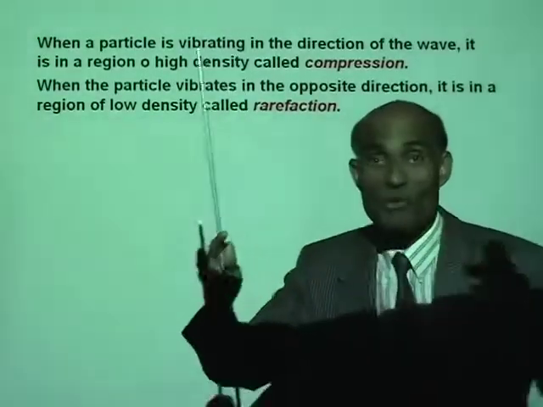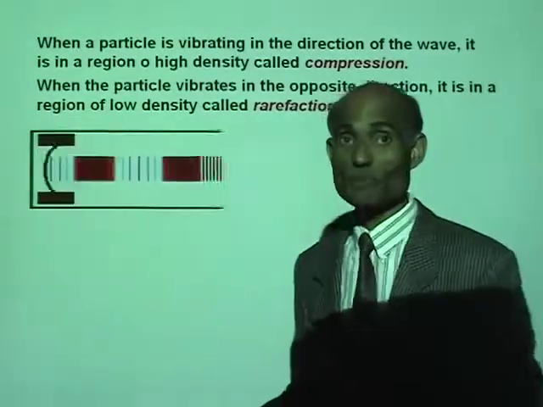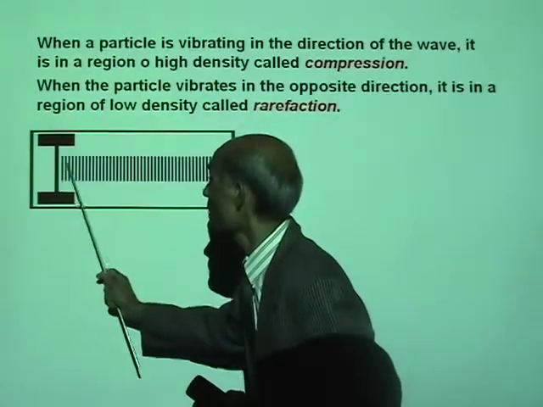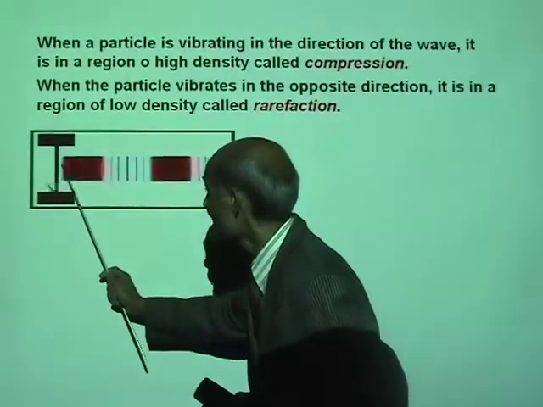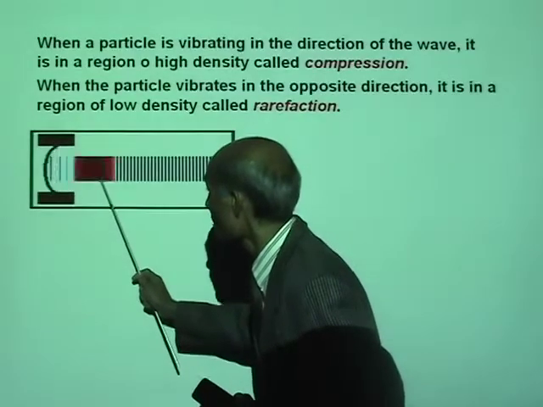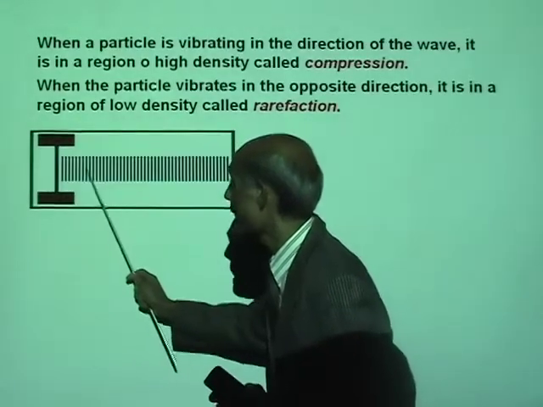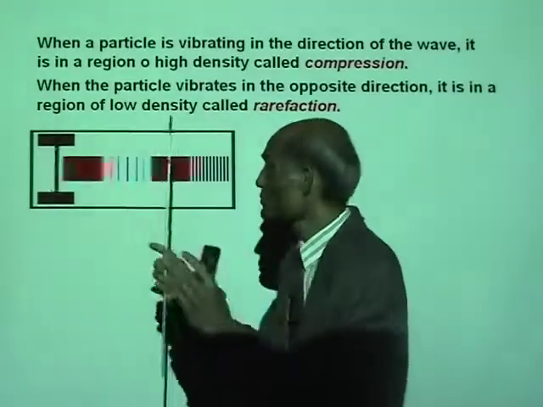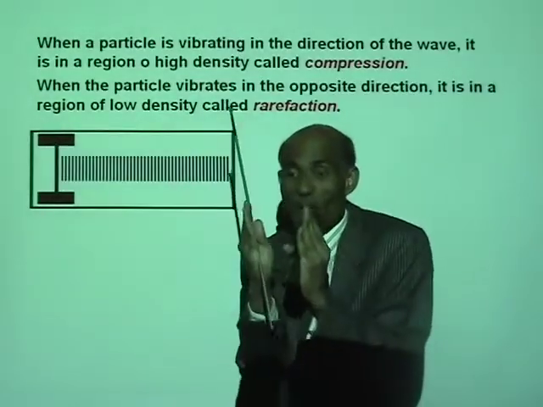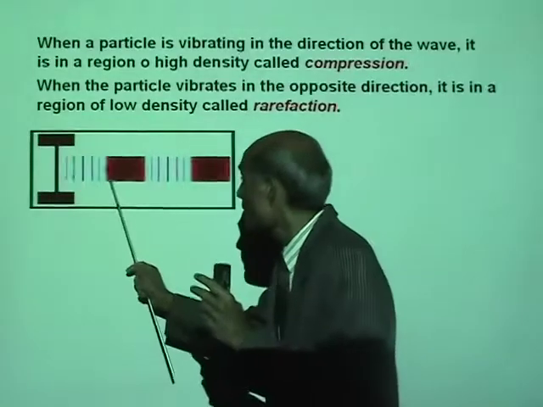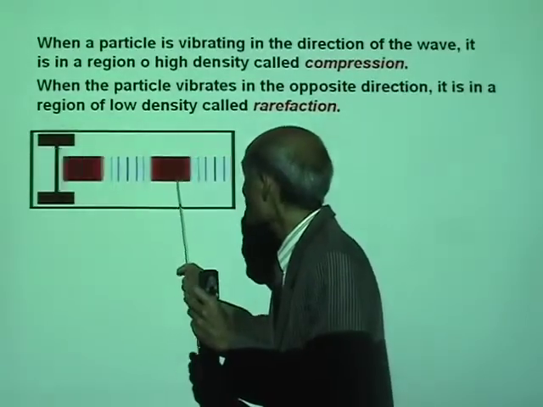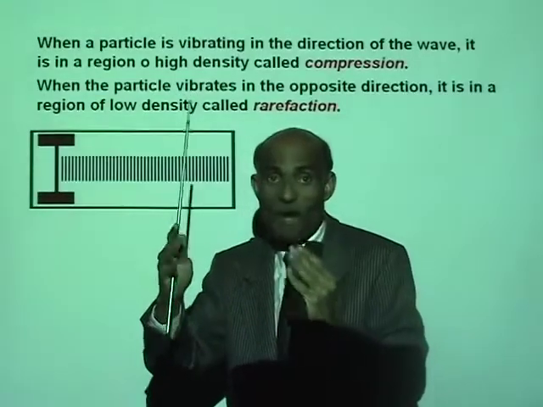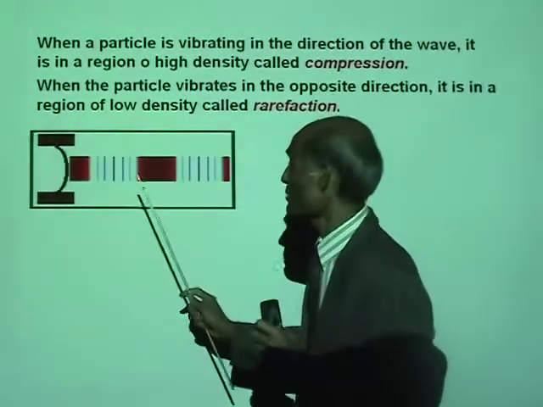particles are farther apart. Now here you can see the vibration of this string back and forth sets the particles of the medium in back and forth vibration. And you can see that causes in some regions particles to be closer together. There you got compression, and regions where particles are farther apart called rarefactions.